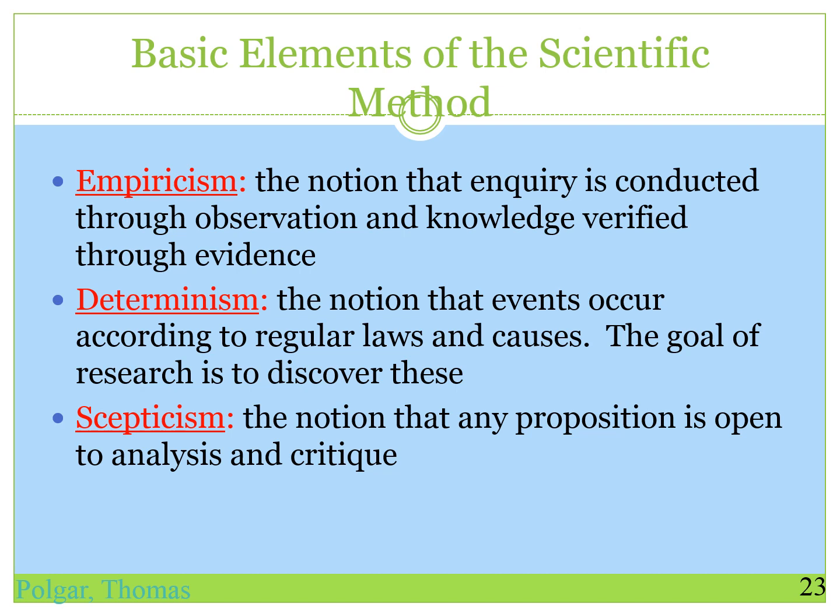The goal of research is to discover this, that the findings from your experiment you conducted, you get the results that obey certain law, like Newton's laws, Fick's laws, etc. Skepticism, the notion that any proposition is open to analysis and critique.